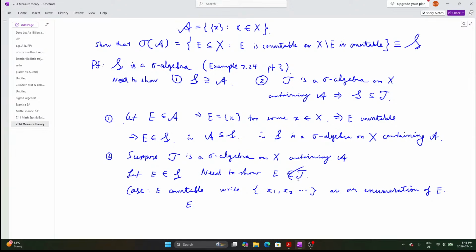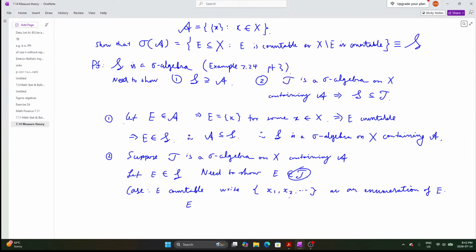Why is this in T? Remember, T is a sigma algebra that contains A. We don't know whether the elements x1 all the way to xn are in A. E is in S. Are the elements here necessarily in A?